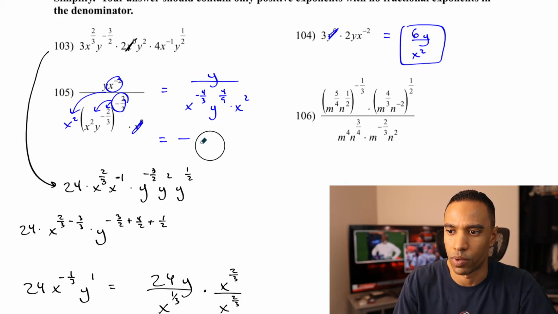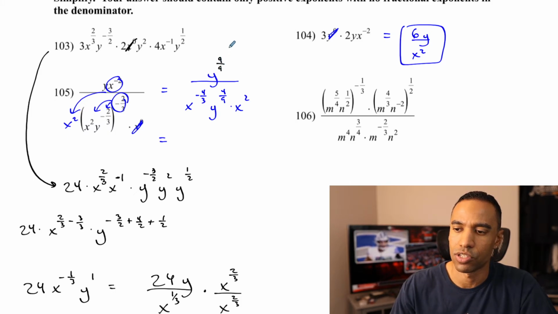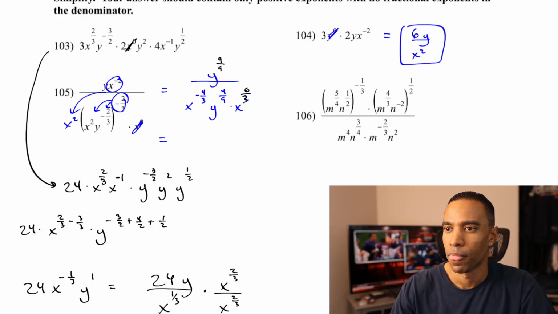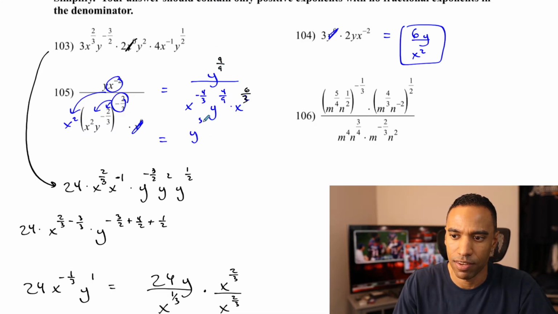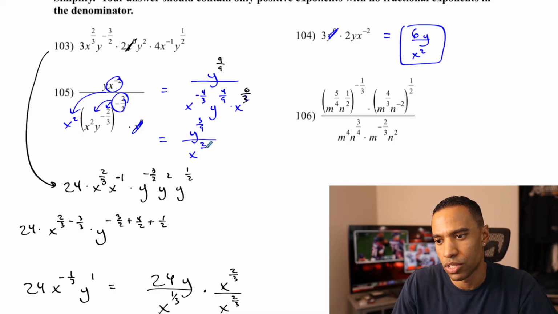Let's actually do that as well. Give me 1 second. So y to the 9/9 over y to the 4/9 and x to the negative 4/3 times x to the 6/3. So 9/9 over 4/9 is 5/9. Y to the 5/9 is in the numerator. This is x to the 2/3 in the denominator.